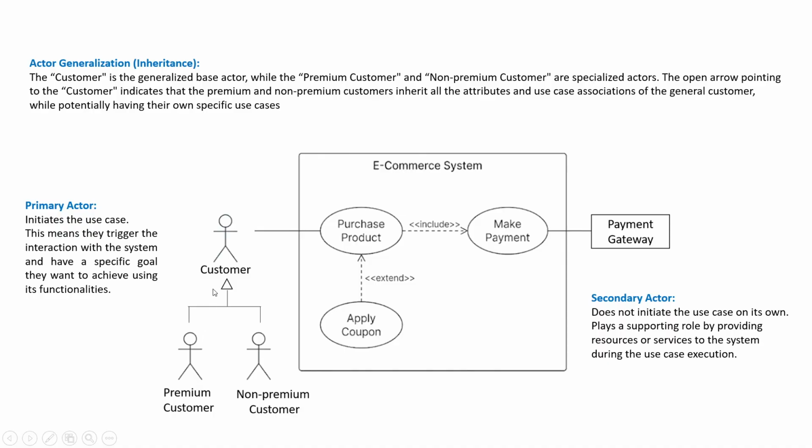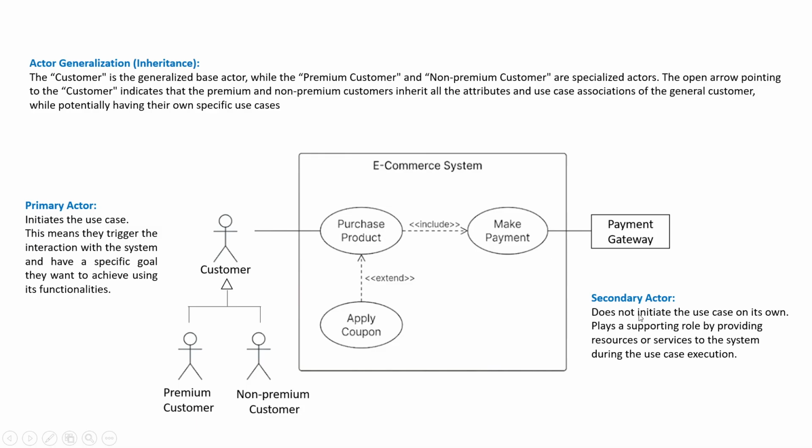So a customer, as well as its child actors, the premium customer and non-premium customer, are primary actors because they trigger an interaction within the system and they have a specific goal in mind. So a customer triggers an interaction with the system because they want to purchase a product.